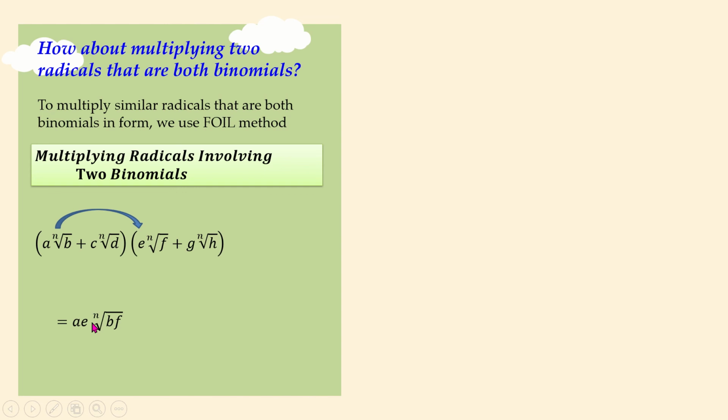Index N. Next, after F is O, outer. So asa ang outer, sir? Outer meaning isigkilid. First term of the first binomial, second term of the second binomial. Isigkilid, outer, extreme. The result: A times G is AG.